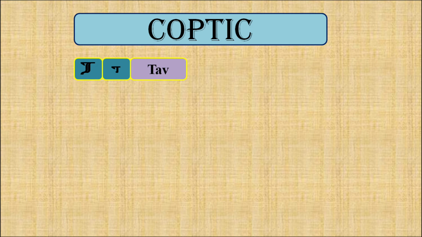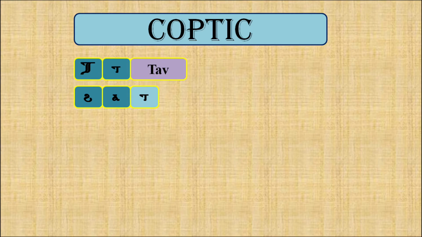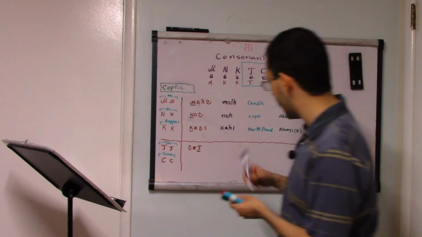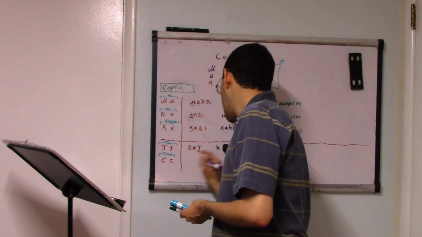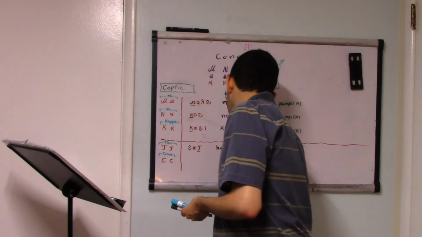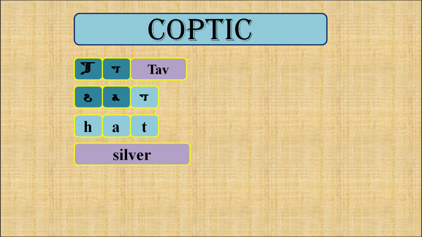So next letter is Tav. And for this, we're also going to learn a word. By the way, it's not always the first letter that I use as an example for the word. I just try to get words that all have more or less the same letters, so it's easier for you. So the word we're going to learn has the Huri that we have been seeing a lot, which is an H. So let's put an H. Alpha, A. And then this is Tav, which we said is a T. So you would be under the impression to pronounce this as hat, right?